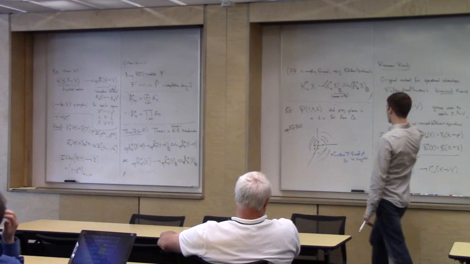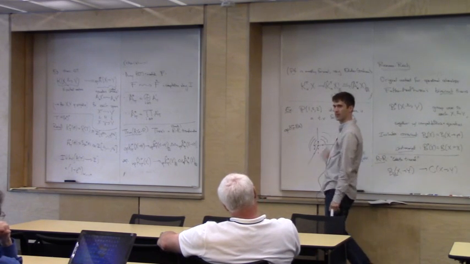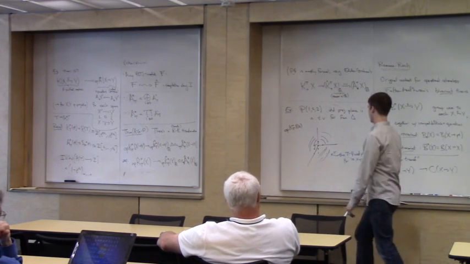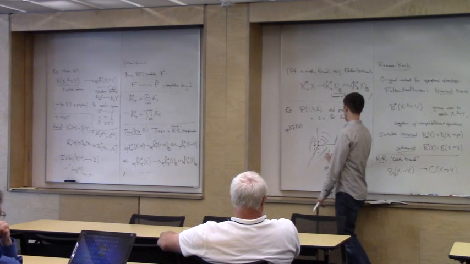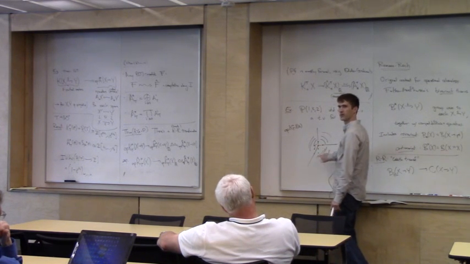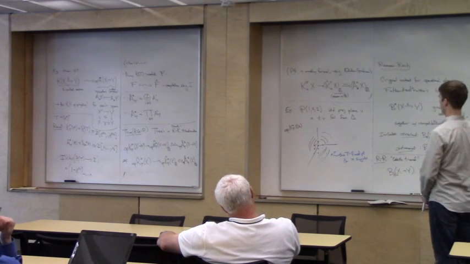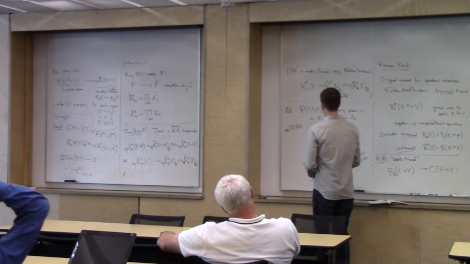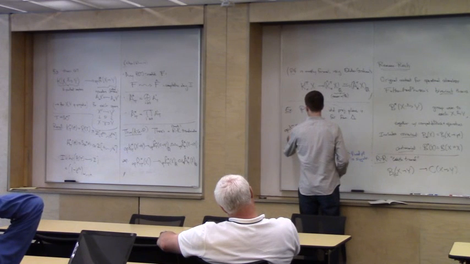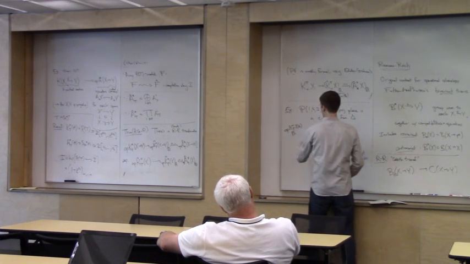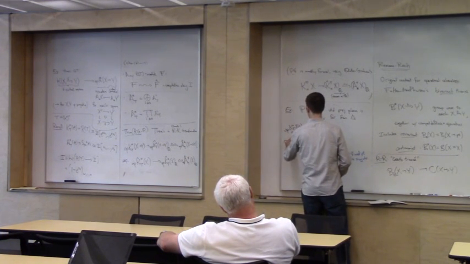There's only one singular point in this variety, and it's just this one. Definitely for this fan, only this point is singular. So this operational K theory gets identified with piecewise exponential functions on the fan.